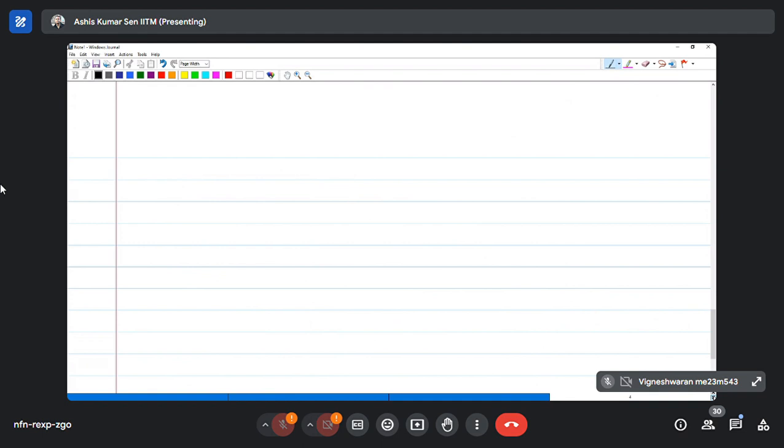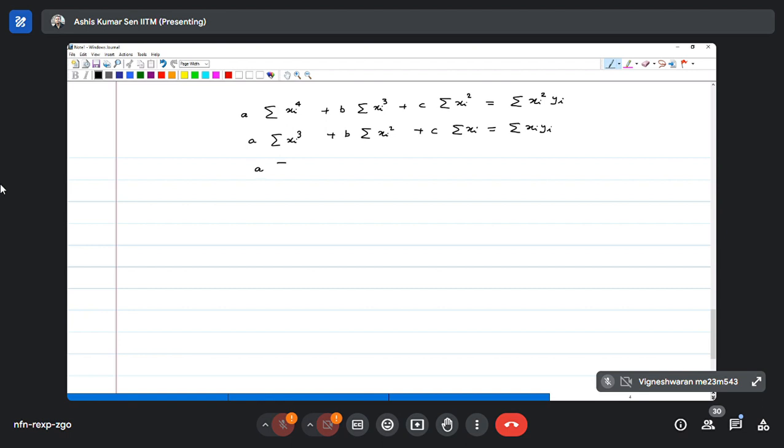So the equations that you are going to get will be A sum xi to the power 4 plus B sum xi cube plus C sum xi square equal to sum xi square yi. Then A sum xi cube plus B sum xi square plus C sum xi equal to sum xi yi.